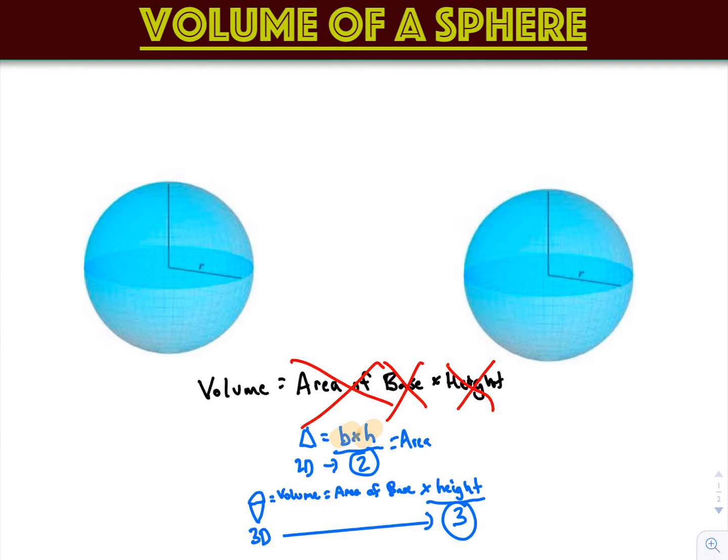Very similarly, when looking at a circle compared to a sphere, when we find area of a circle, we do pi times the radius squared. Our 2D shape, you'll notice, has an exponent of 2.